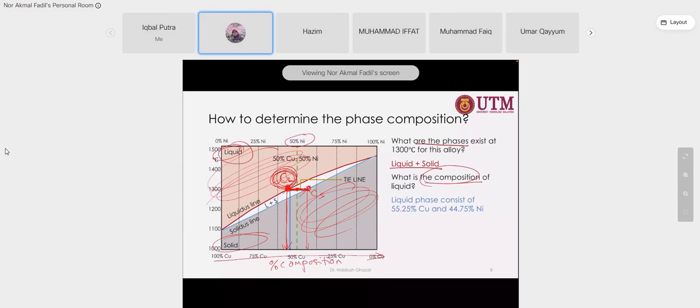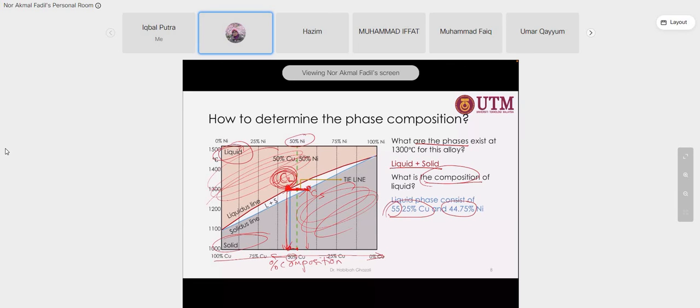So it is about 50% copper and 40% nickel. This one is 50%, and the percentage increases when you go to the left. This is about 55.25%. Of course this is very accurate data, but you can give an answer in rough numbers, which is about 55 percent.